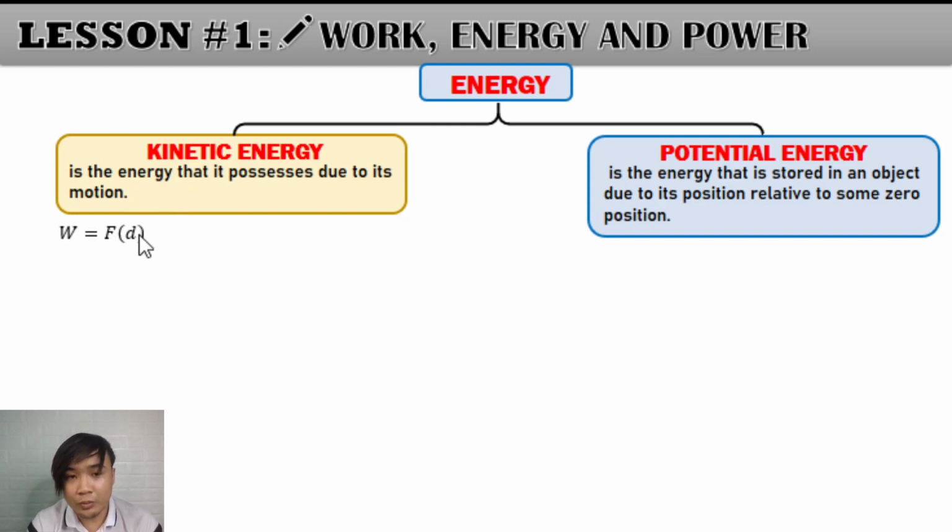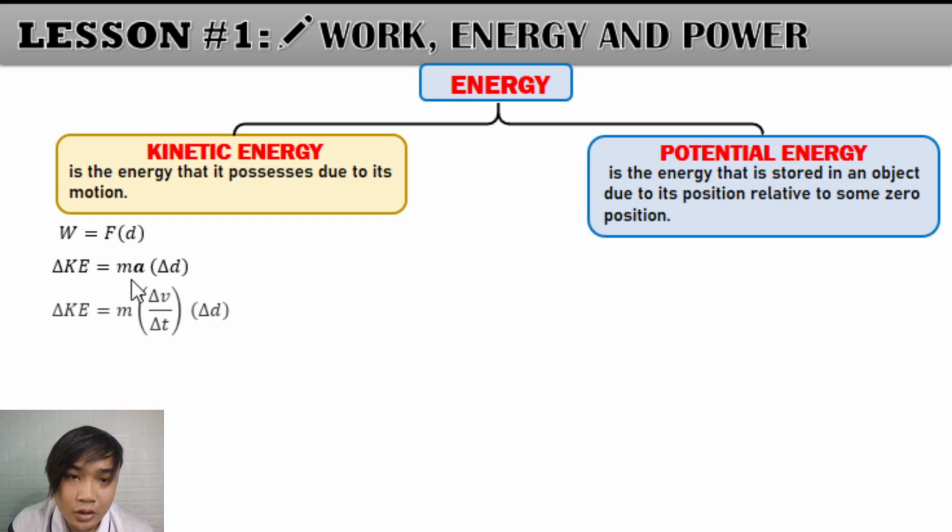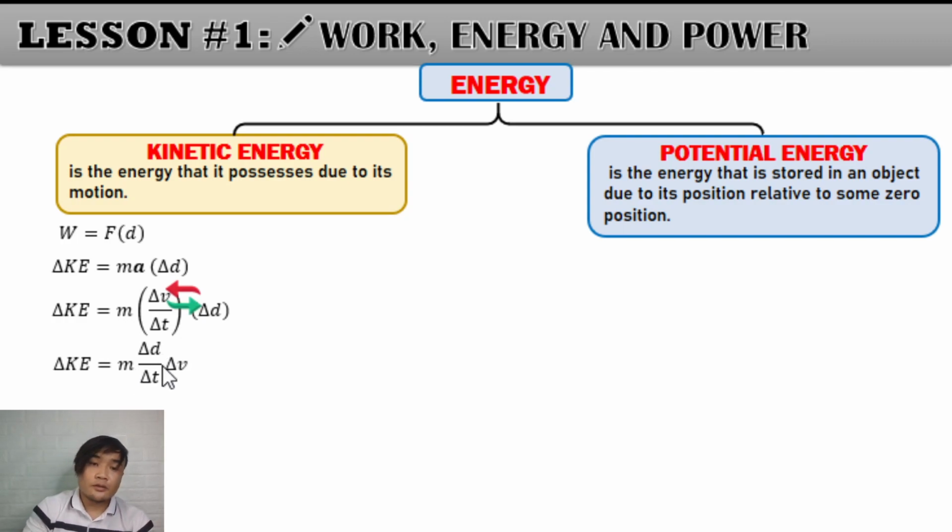To find the formula for kinetic energy, we take the instantaneous change: the force is equal to mass times acceleration, multiplied by an infinitesimal distance, which gives the work. We convert the acceleration into an infinitesimal element of velocity over time, and swap dt so that dx over dt is equal to velocity.